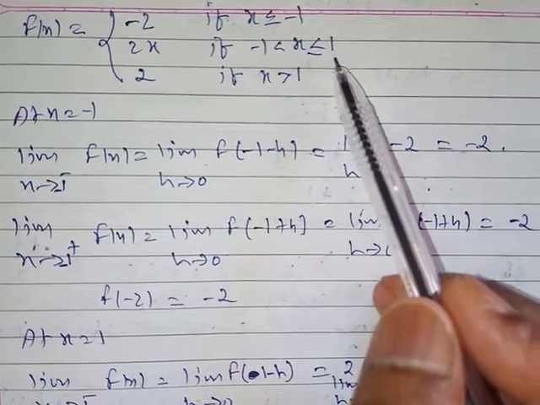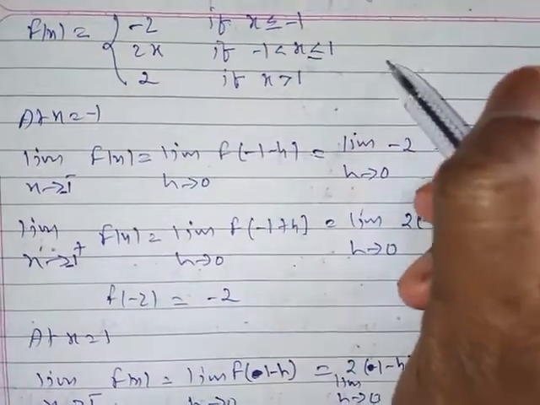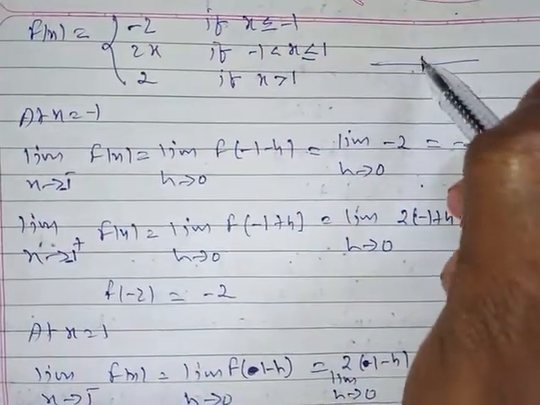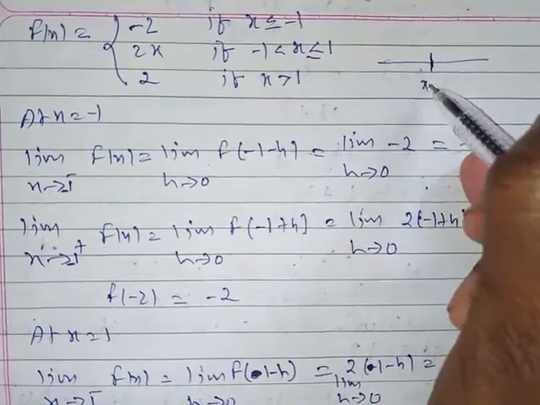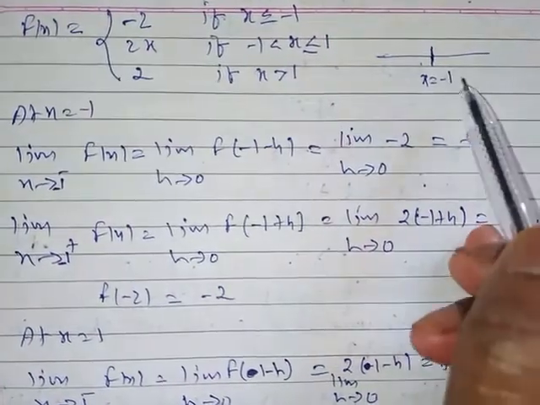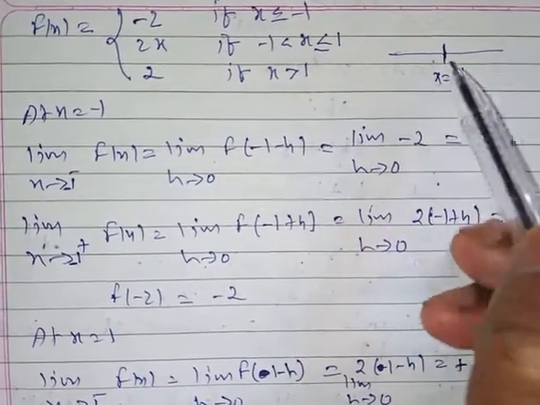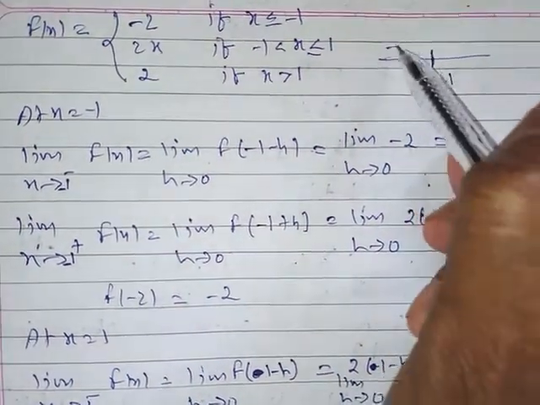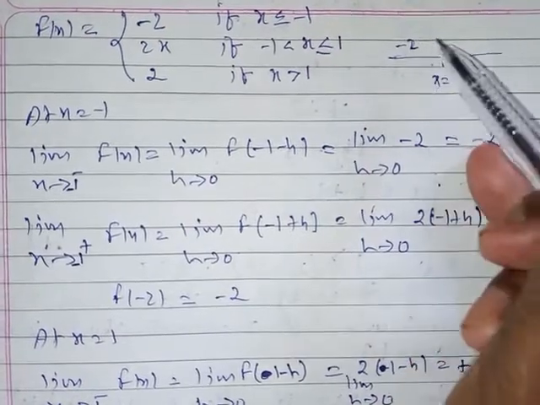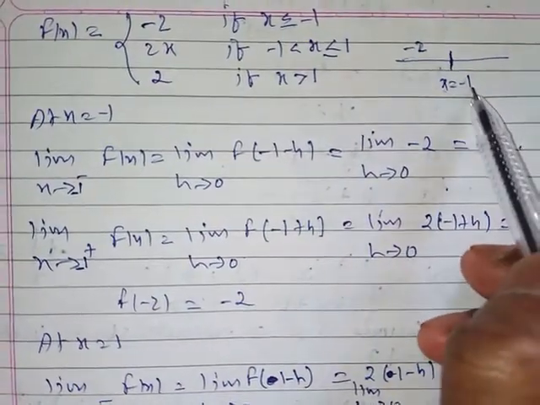So again you draw it here, at x is equal to minus 1. Left hand side of minus 1, what do you get? Minus 2. This function is minus 2. Right hand side, what is the function?